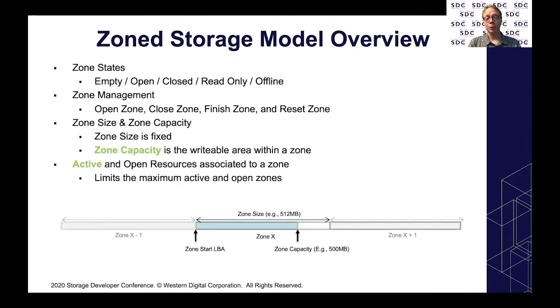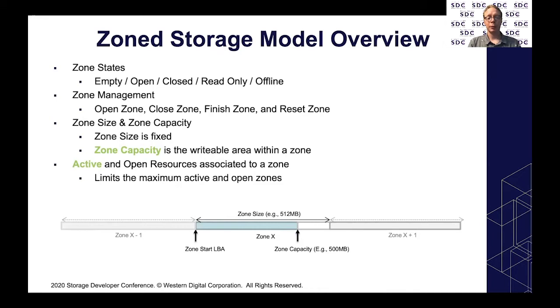So you have zone management commands like open zone, close zone, finish zone, and reset zone. And each zone has a zone size and a zone capacity. And zone size is fixed. So this is the global size for the entire namespace for a zone.